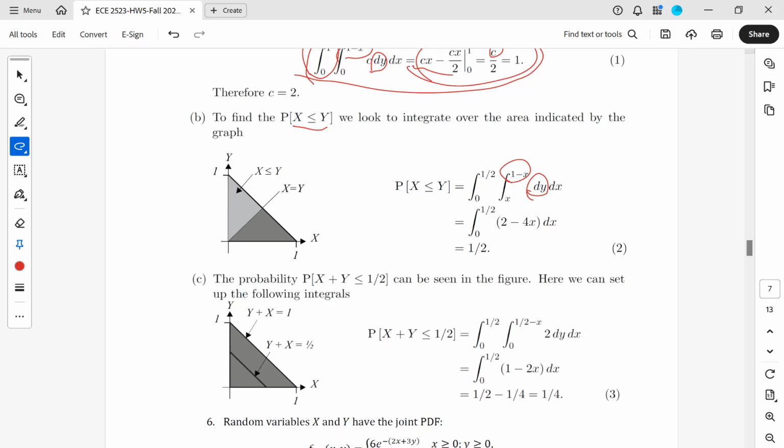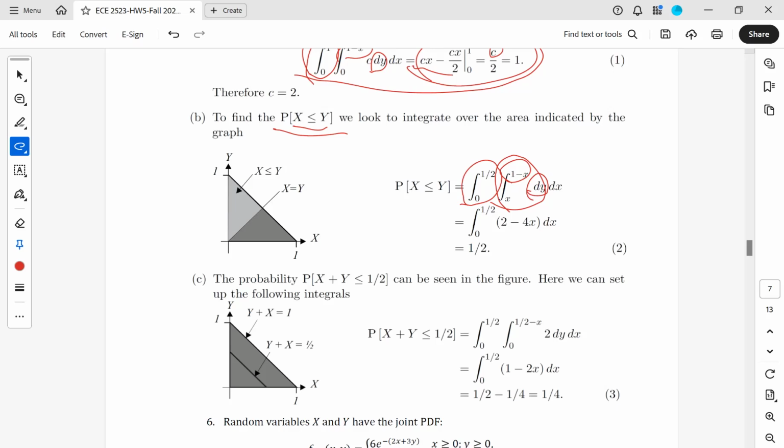Now that we know the lower limit and upper limit for y, we could integrate over y. And after that, we could integrate over the values of x, knowing the upper limit and lower limit based on our condition. The lower limit is going to be 0 based on the PDF's described range.